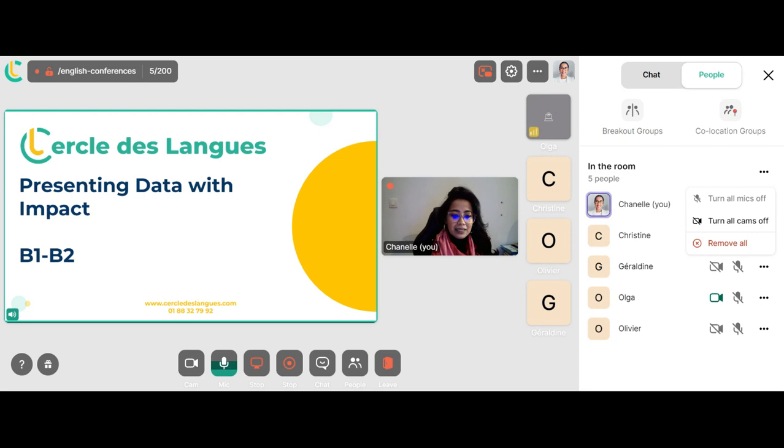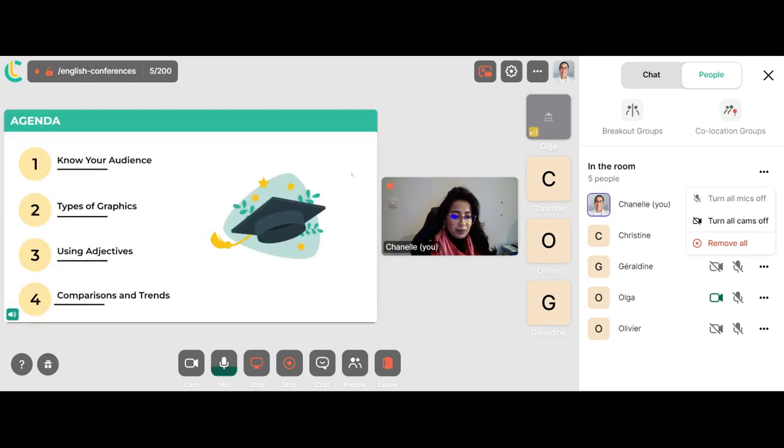So, presenting data or information with impact. Today we are going to cover 4 parts. The first is knowing your audience. How do we get to know our audience? Number 2 is the types of graphics, the types of informational charts that we can use to display our data.